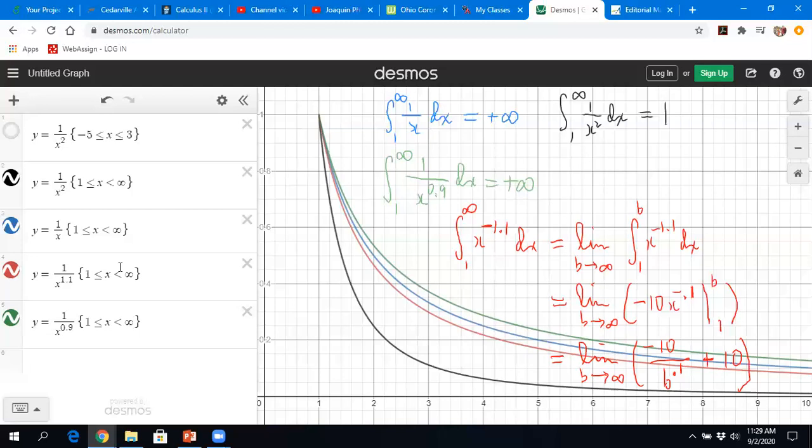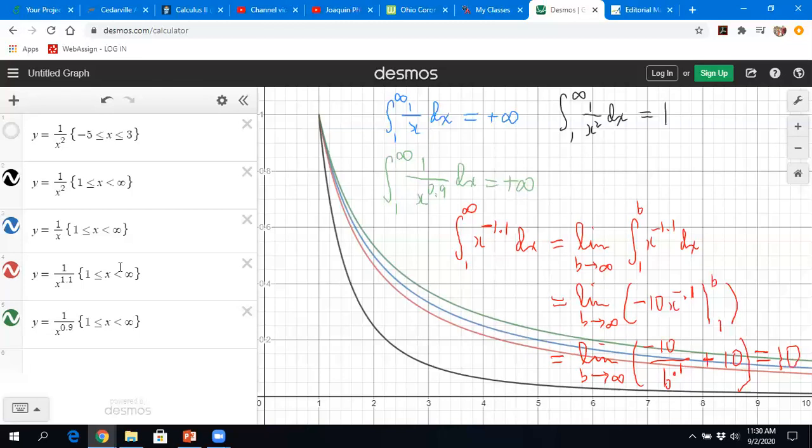Does that make sense? The thing is being raised to the 0.1 power, but who cares? b is getting giant, and therefore if I take the 1/10 power of that thing, it's still giant. So it's like negative 10 over something giant, which is close to 0. Okay? So in the end, this is equal to what? 10.